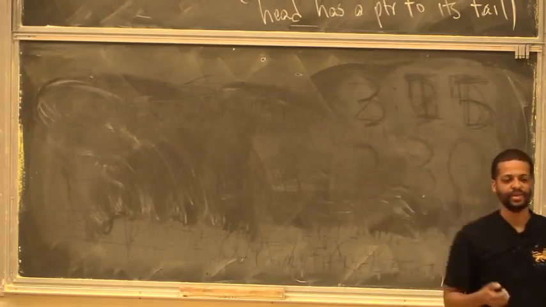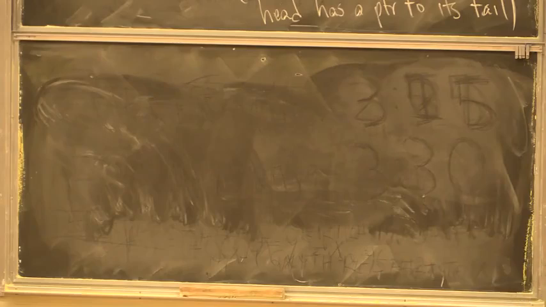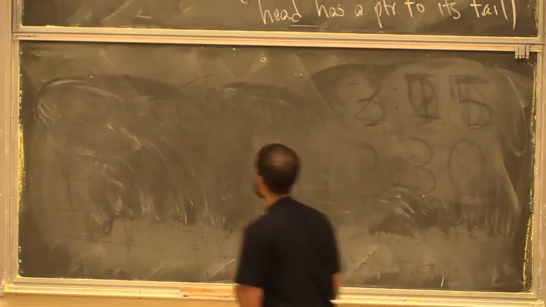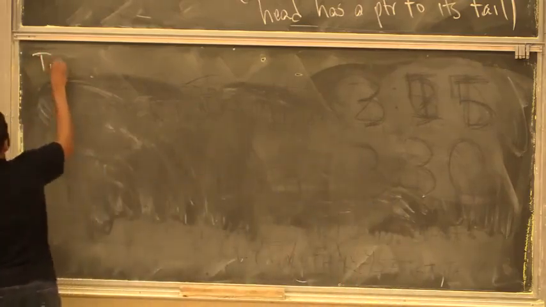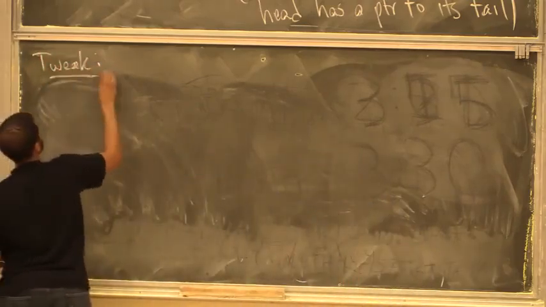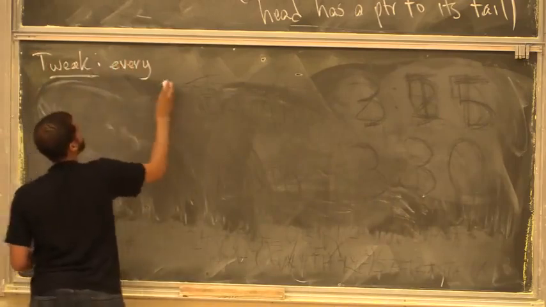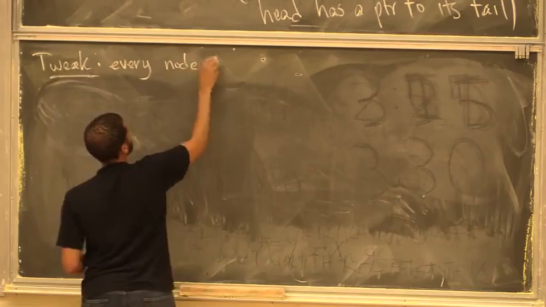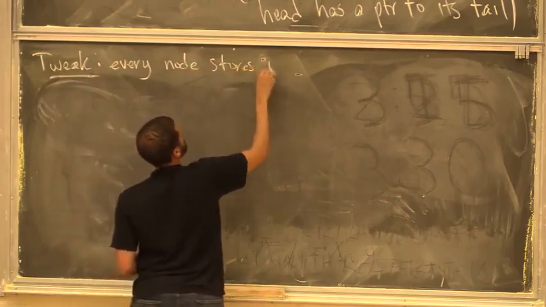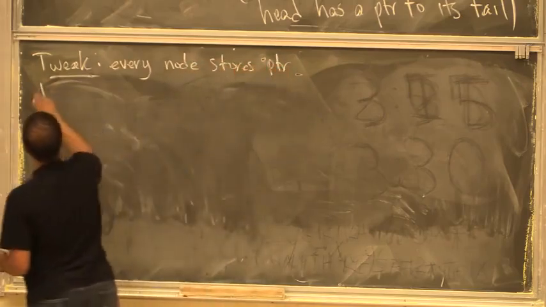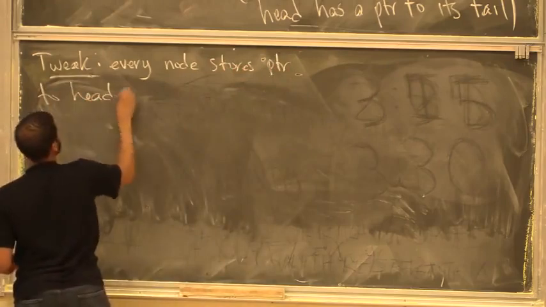Right? Why don't I just do the following thing? Every node will also just store a pointer to the head of its list. So tweak: every node stores a pointer to the head of its list.